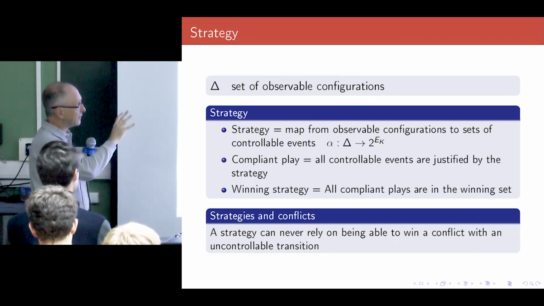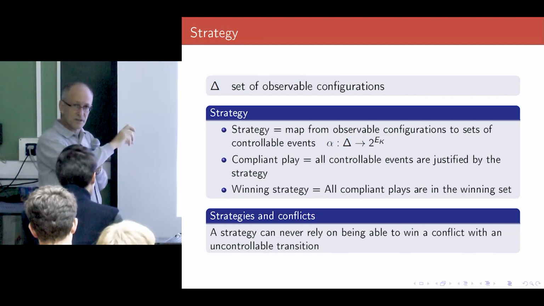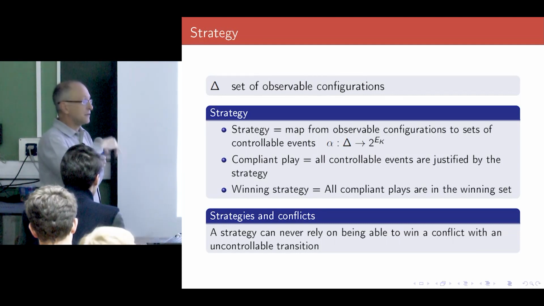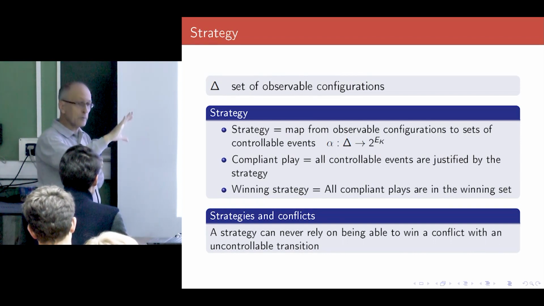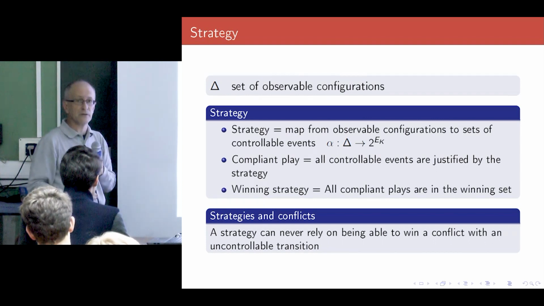So if I find a controllable event in such a play, then there should have been an observable configuration during the evolution of the system in which the strategy of the player decided to fire exactly that event.